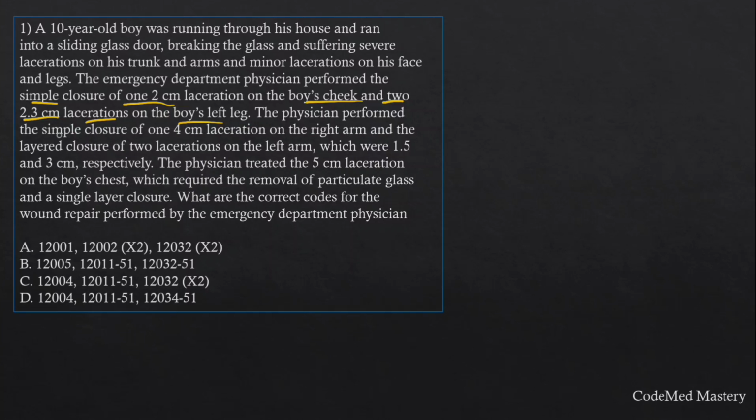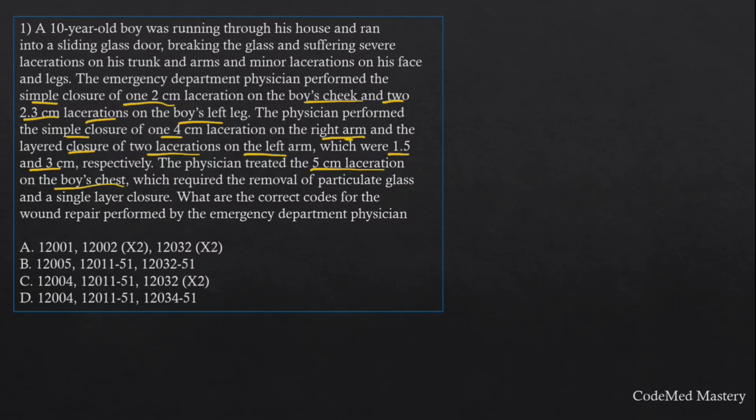The physician performed simple closure of 1 4 cm laceration on the right arm and the layered closure of 2 lacerations on the left arm, which were 1.5 and 3 cm respectively. The physician treated the 5 cm laceration on the boy's chest, which required the removal of particulate glass and a single layer closure. What are the correct codes for the wound repair performed by emergency department physician?